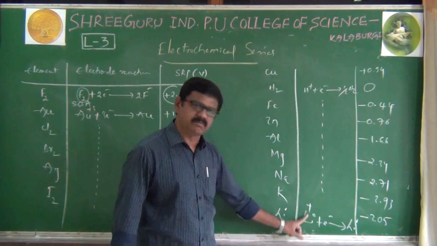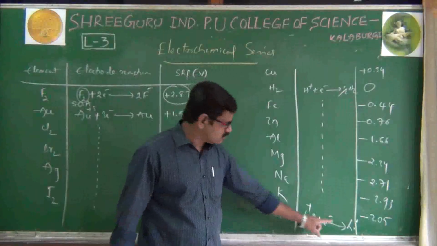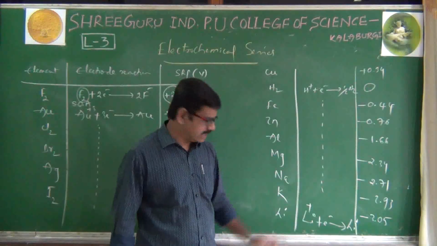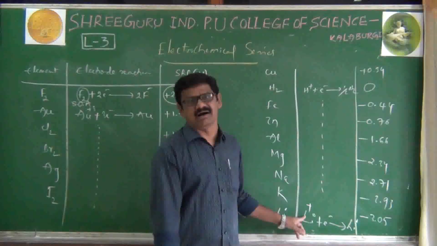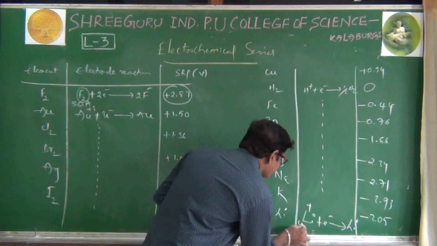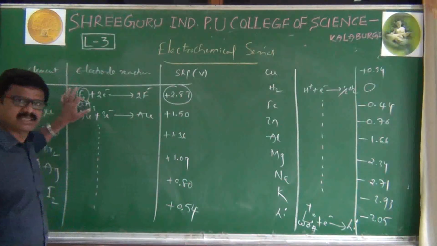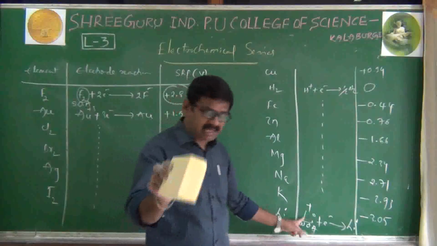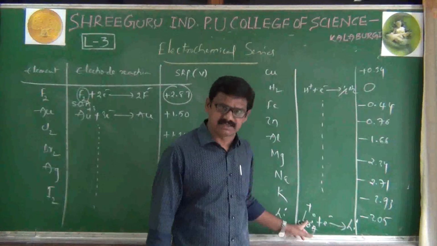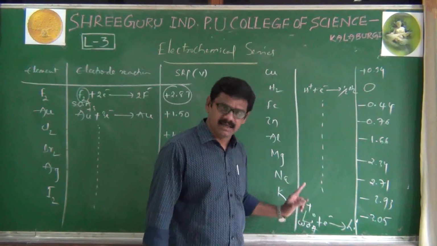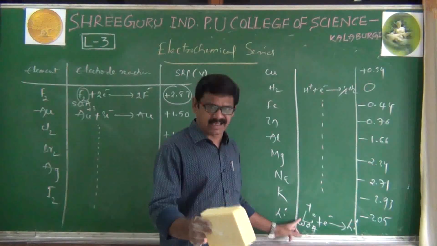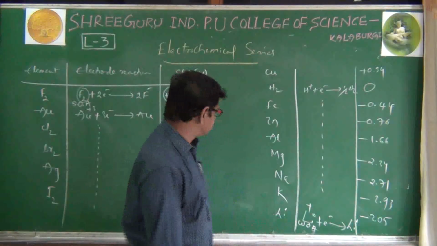That's why lithium plus is not interested to participate in the reduction process. That's why it is a weak oxidizing agent. Our fluorine is a strong oxidizing agent. Lithium plus is a weak oxidizing agent because it does not participate in the reduction reaction very easily. Right. Next.